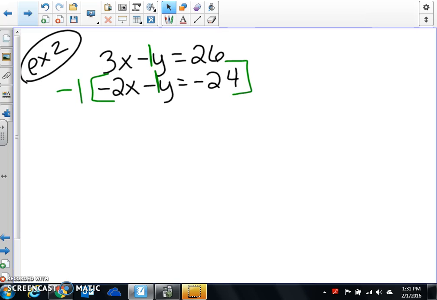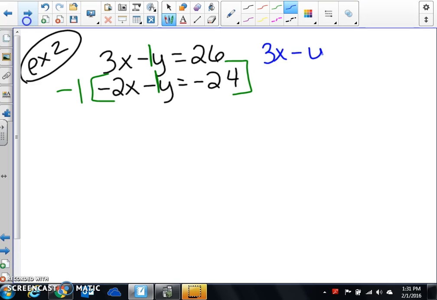When I do this, this is where people get all weird and confused. I'm going to rewrite the top one that I've not changed at all. This bottom, multiplying everything by negative 1, is the same thing as just changing it to the opposite sign. So this is now 2x plus y equals a positive 24.